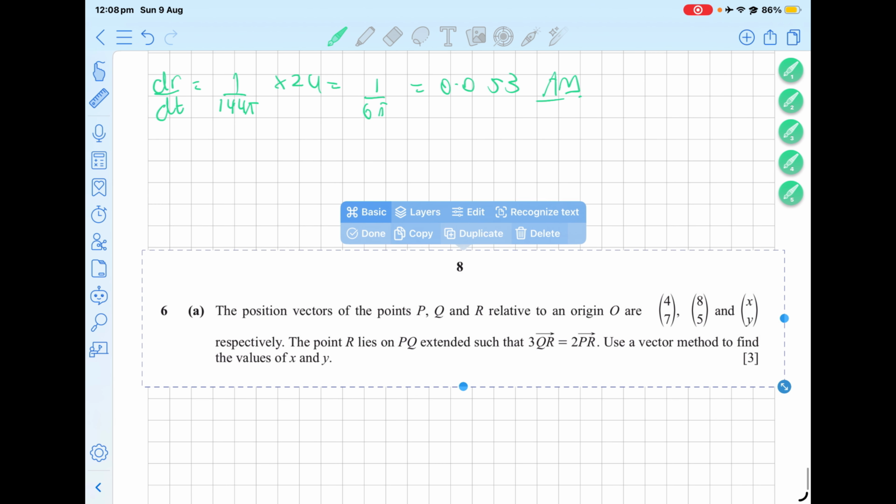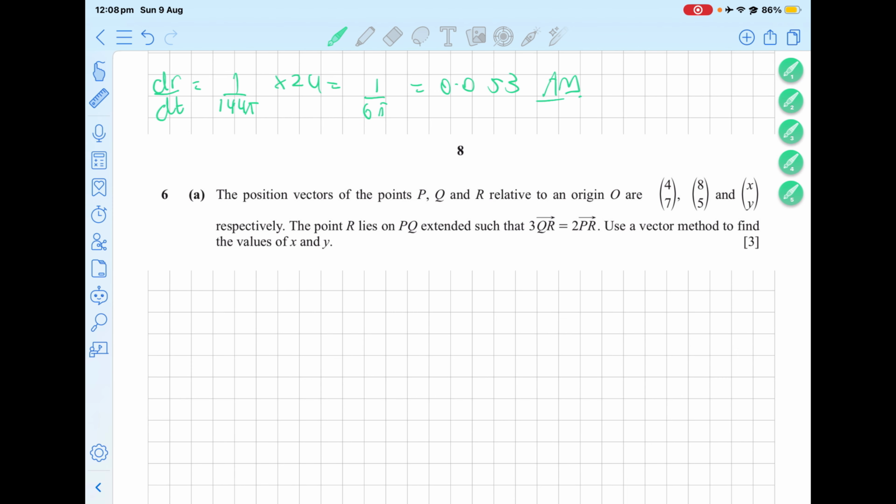So the position vectors of these points relative to the origin O are this and this respectively. So point R lies on PQ such that 3 times QR equals 2 times PR. So QR, let's write this down. So what could QR be? To find QR, simply we are going to do OR minus OQ.